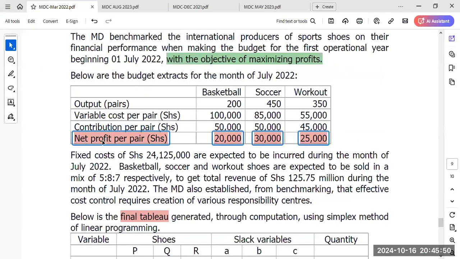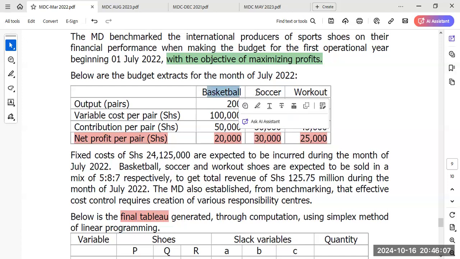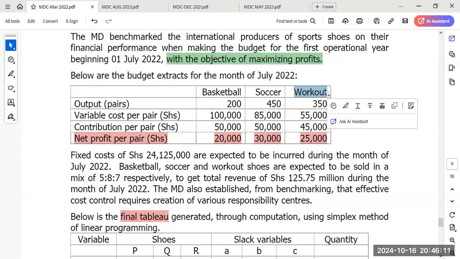We are given the profit, net profit. Remember, as you state your objective function, the first step, you must be having decision variable. That is the first step. Already we have defined basketball, we have defined soccer, we have also defined workout.